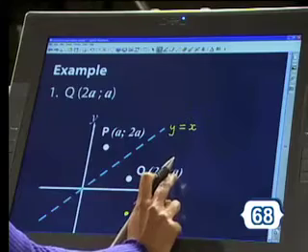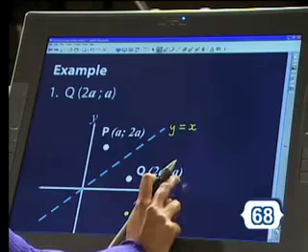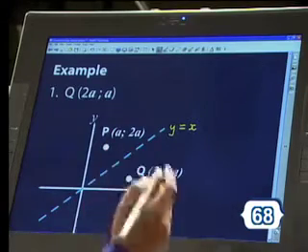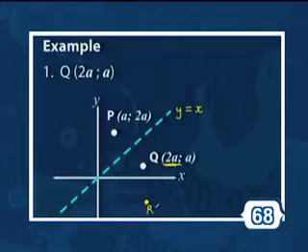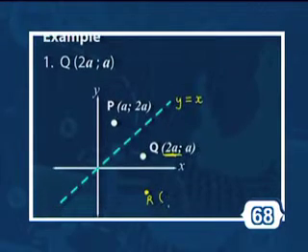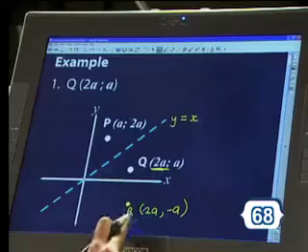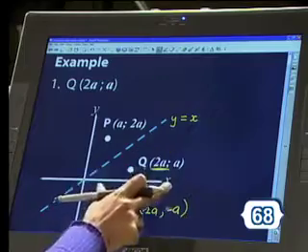But your y value is now going to change from positive a to negative a. So therefore, point R is going to have coordinates 2a, so still the same x value, but the y value is now going to become minus a. So R would be the point (2a, -a) when we reflect in the x-axis.